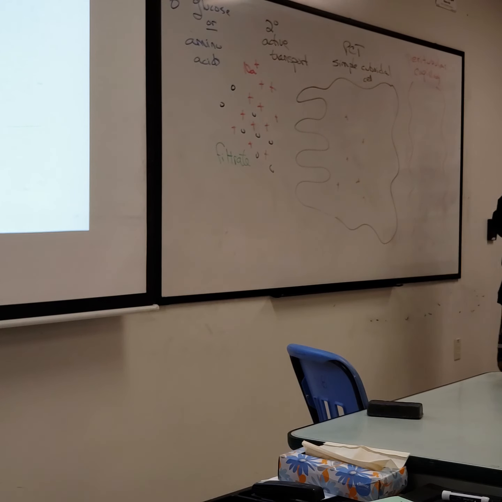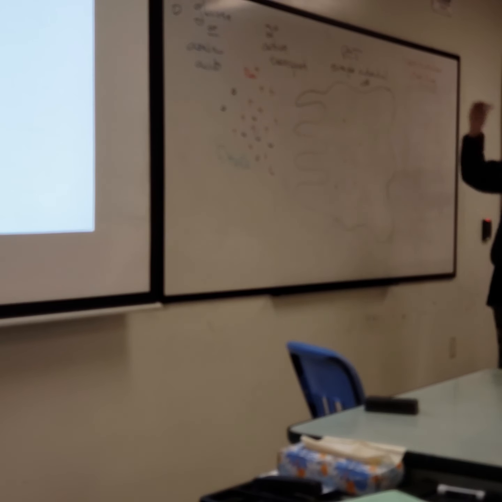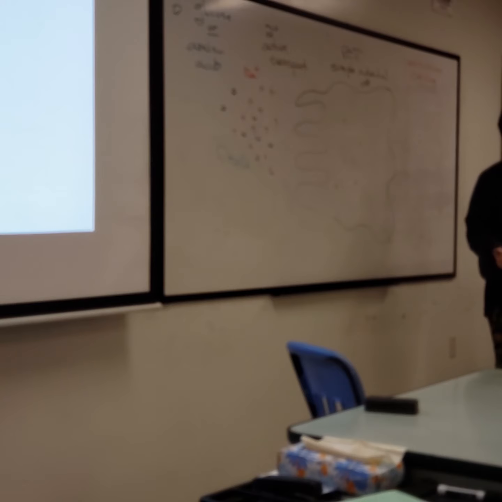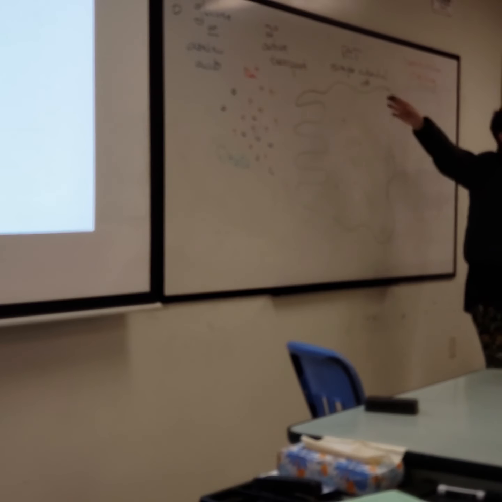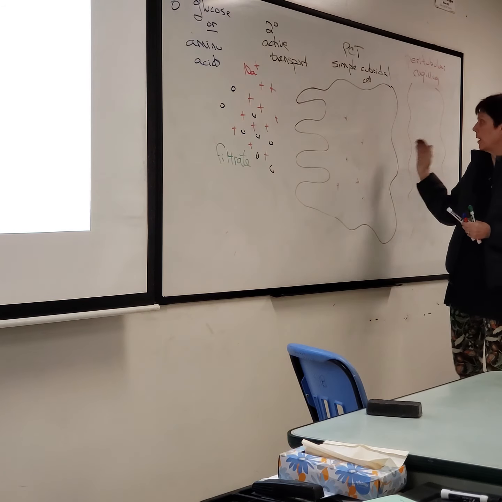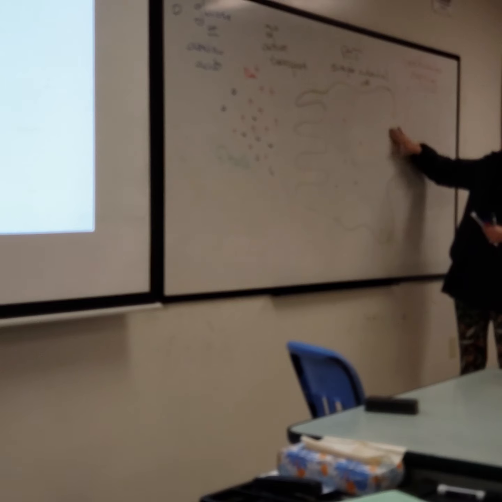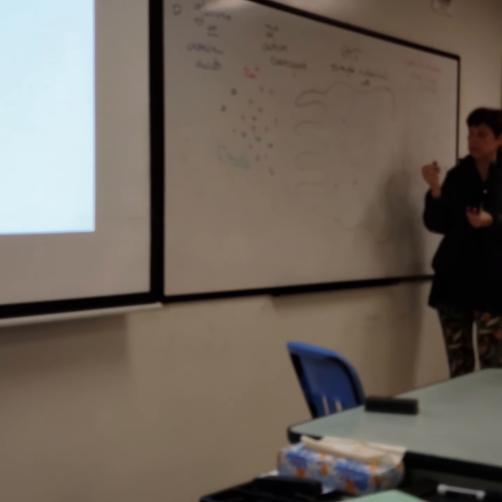Does secondary active transport require ATP for it to occur? No. The cell process won't occur without ATP, but the secondary active transport itself is passive. So where do we use the ATP? Down here in the basolateral membrane of our simple cuboidal cell.